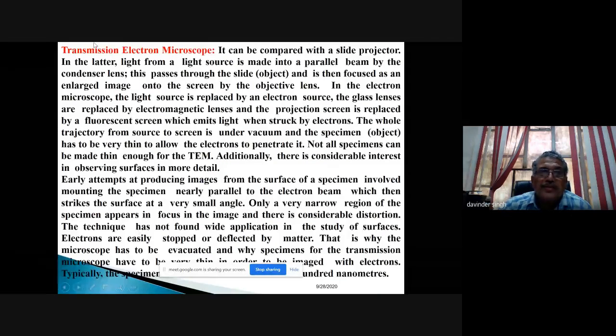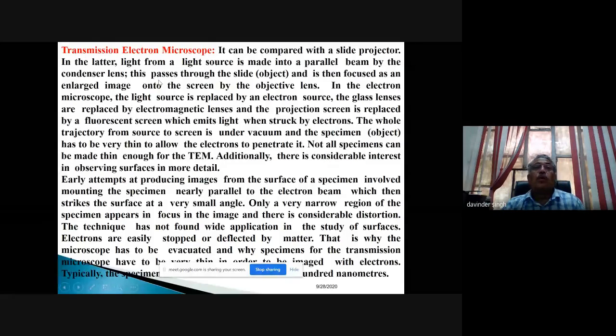In the case of TEM, it can be compared with a slide projector. In the case of SEM, I will explain later. But in TEM, the electrons are transmitted through the sample, so the sample should be very thin. It can be compared with a slide projector.